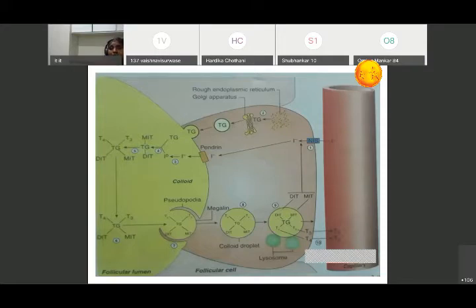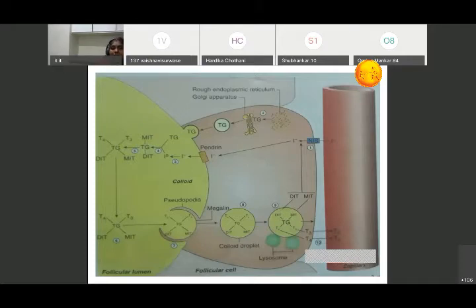How do they come out and go into the blood? A pseudopodia-like structure. Are you seeing the pseudopodia-like structure? The pseudopodia-like structure rounds around the T3 and T4, megalin helps, and these form the vesicle.